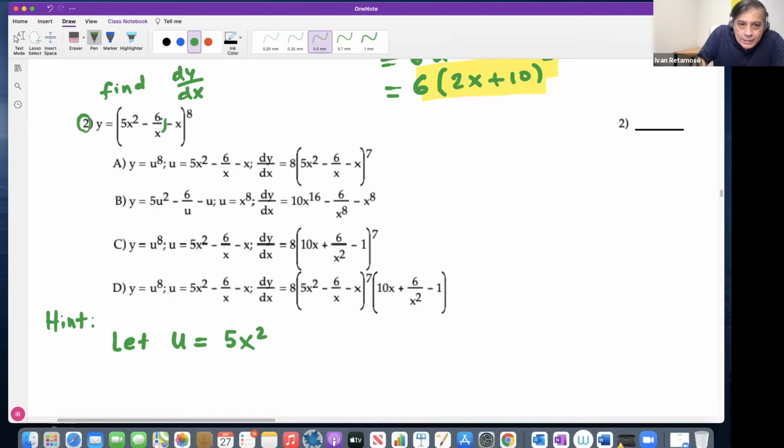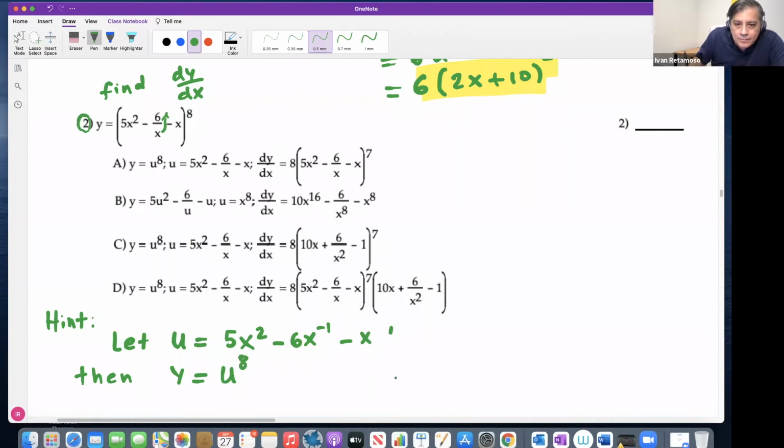I am going to write this variable x as x raised to minus 1, so this will look like a polynomial, right? Yes. Let u be this. Then your y has to be equal to, I'm calling this u, right? So u raised to a power.